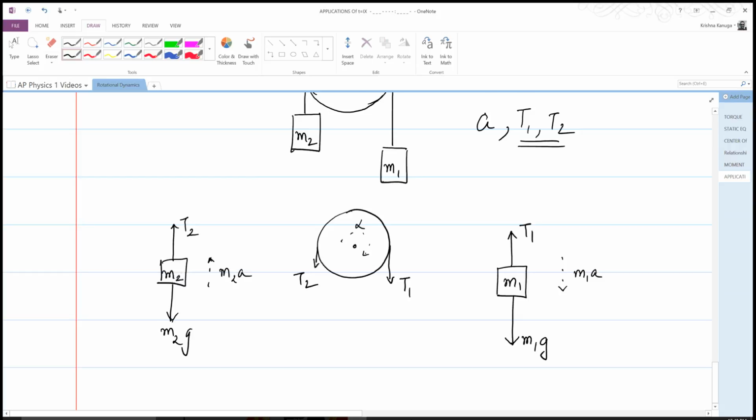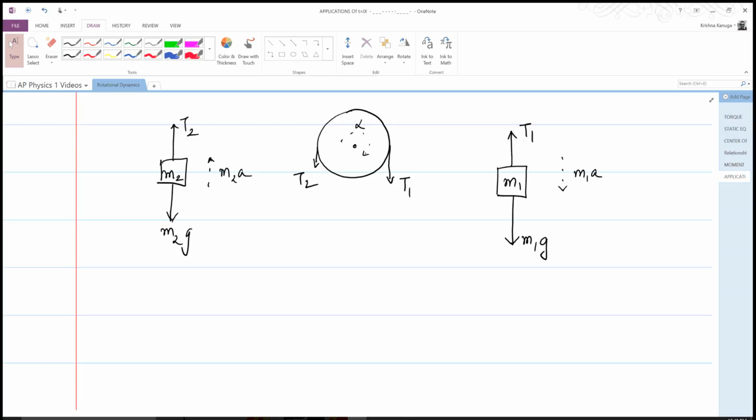Now that we have our three diagrams, it's time to start writing our equations. So once again, pause, write your equations, come back and check. The equation for the first block is simply M1g minus T1 equals M1a.